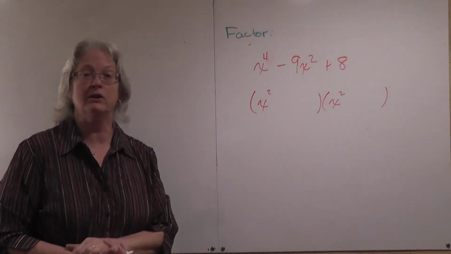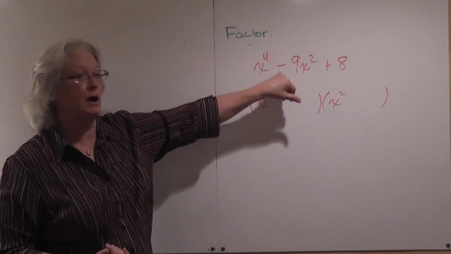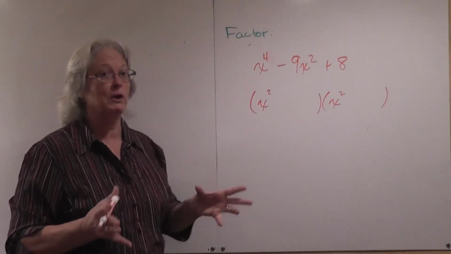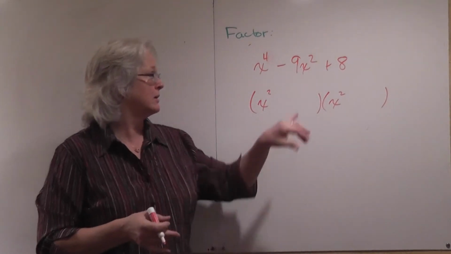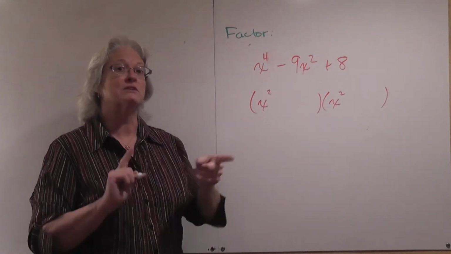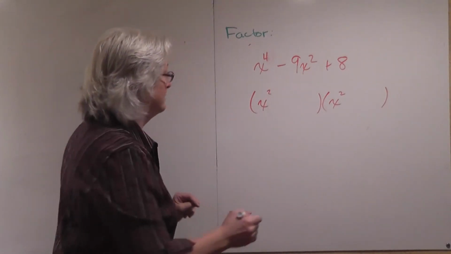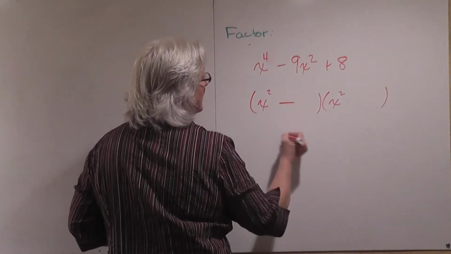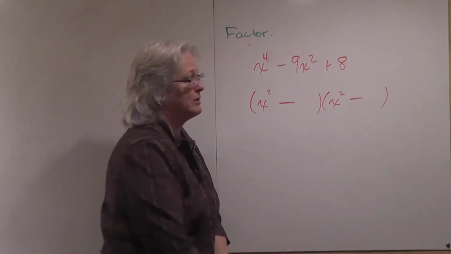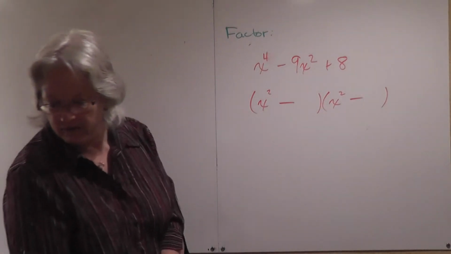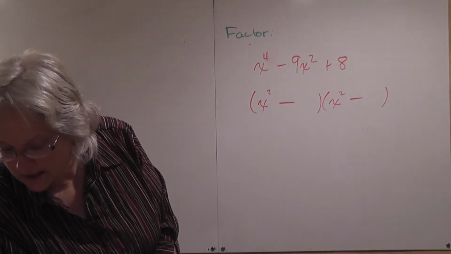You add them and you get a negative 9 as the sum. The only way you can have a positive product and a negative sum is if both those factors are negative. So we have x squared minus, we have x squared minus again.